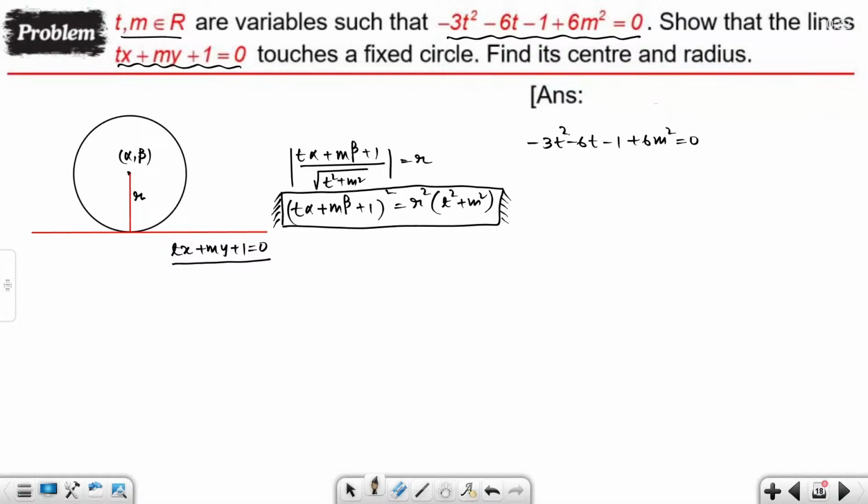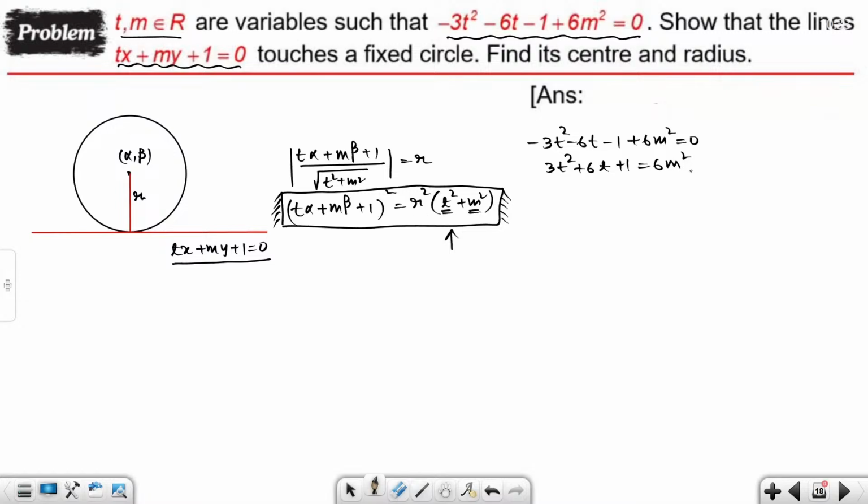That's exactly what we require. So what I'm doing here is I can write this as 3t square plus 6t plus 1 is 6m squared. If you see this expression, you are having m square on the right hand side, and at the same time you are having t square with r square common.